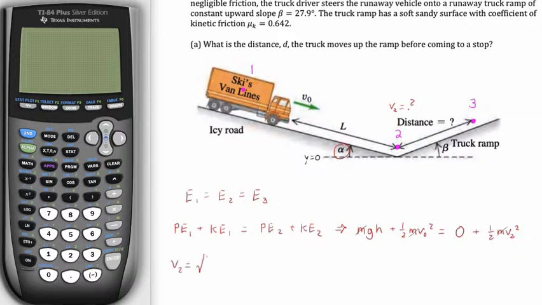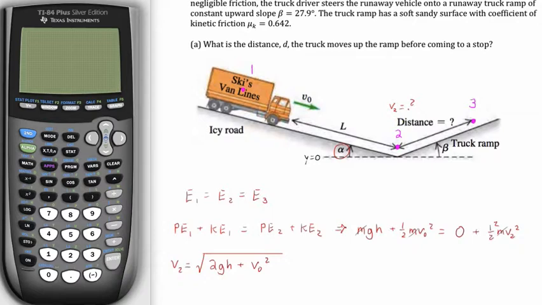So what this is going to look like: v2 equals the square root of 2gh plus v0 squared, after multiplying everything by 2 and then taking the square root.